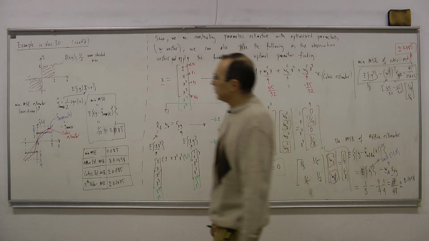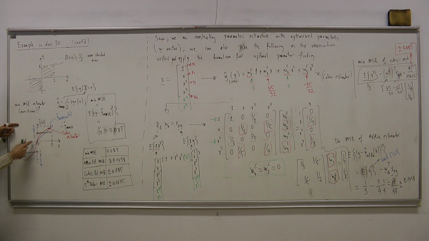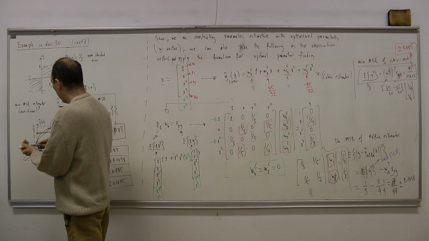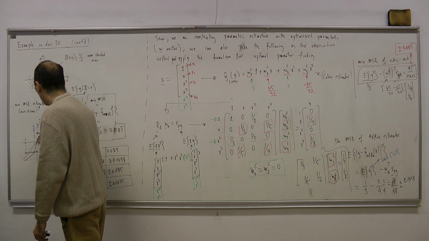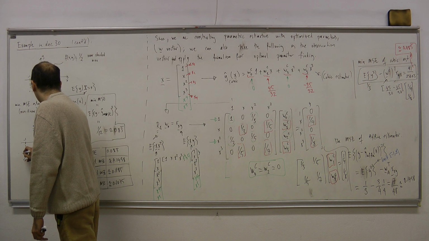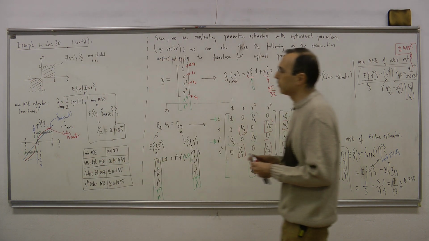The reason is that this signum function is a discontinuous function, and I'm always allowing a continuous function over here. So at the end, with a higher order polynomial, you see something like this, hopefully.